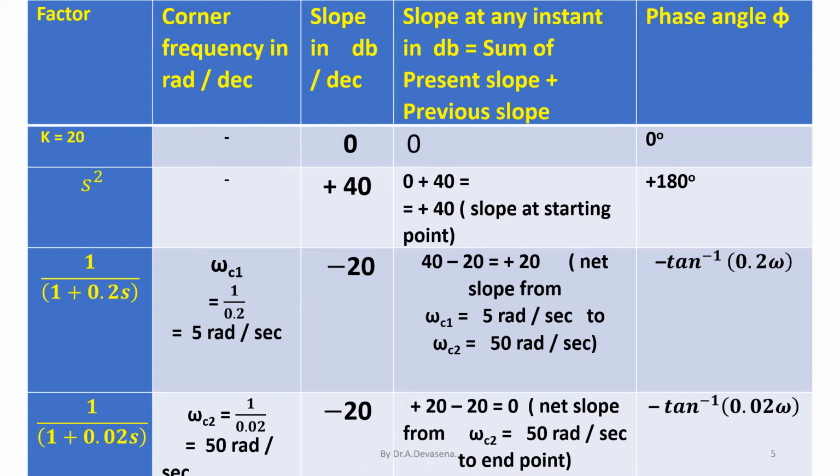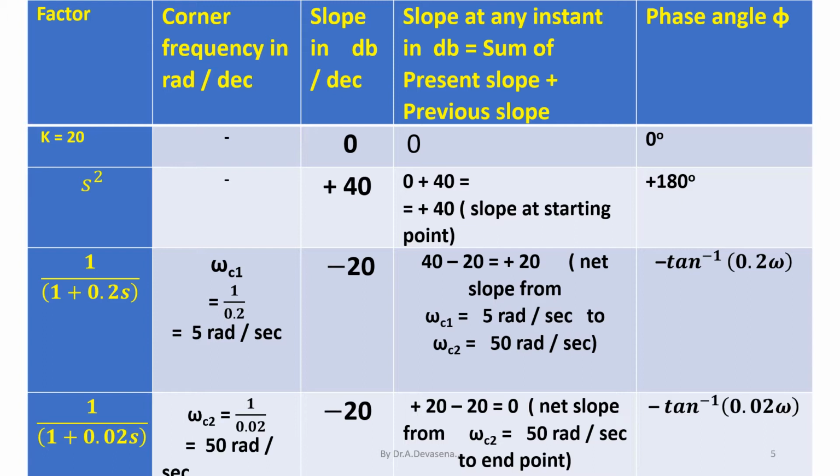This is the slope at the starting point. And the phase angle for the factor s square is plus 180 degree because this s square term is present in the numerator.